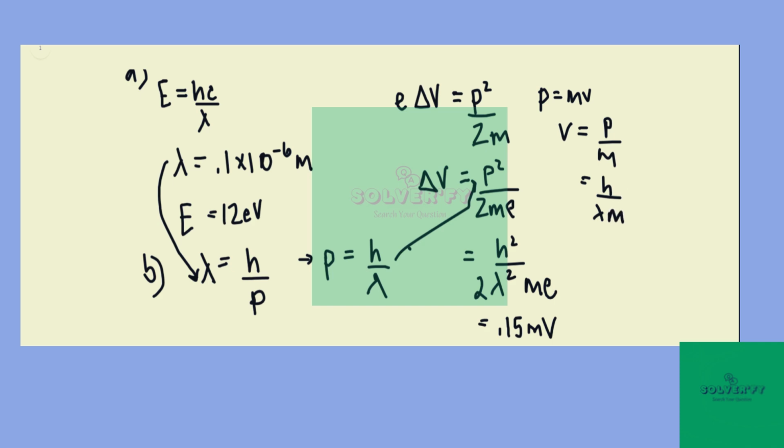So I'm going to go ahead and calculate that. h divided by 0.1 times 10 to the minus 6, and then multiply by the mass, 9.109 times 10 to the minus 31. And I get 7.3 times 10 to the 3.